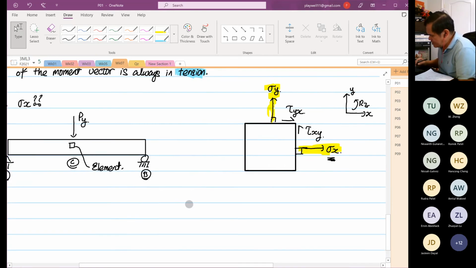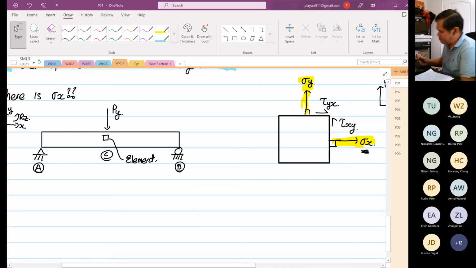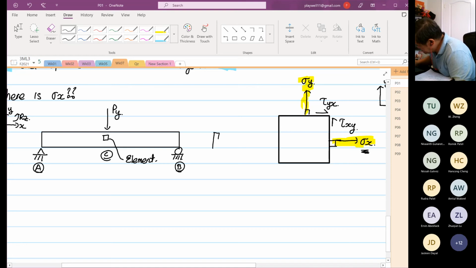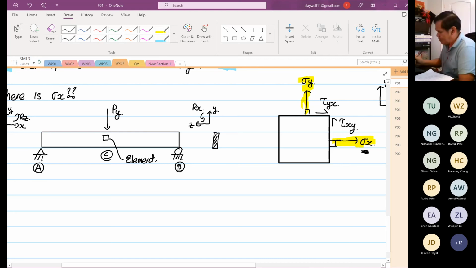Let's say now the simply supported beam has a cross-sectional area, and the cross-sectional area looks like this. It's a rectangular cross-sectional area. When we draw this cross-sectional area, the transformation changes. So now this is our Y, and this is our Z, and this is the rotation about X. So this is the cross-sectional view.